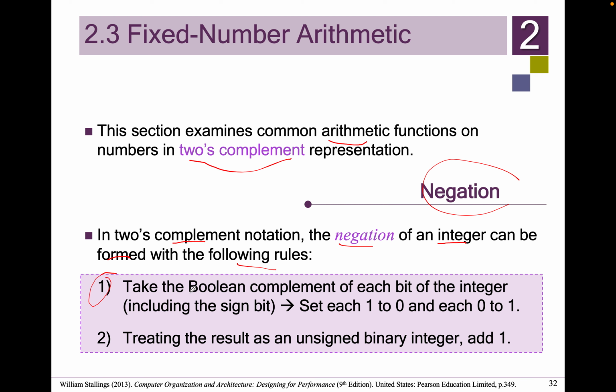First, take the Boolean complement of each bit of the integer, including the sign bit, setting each 1 to 0 and each 0 to 1. This one is like the normal first complement. And treating the result as an unsigned binary integer, add 1.